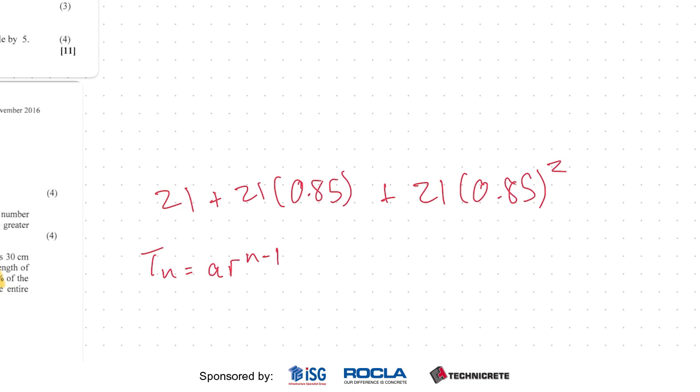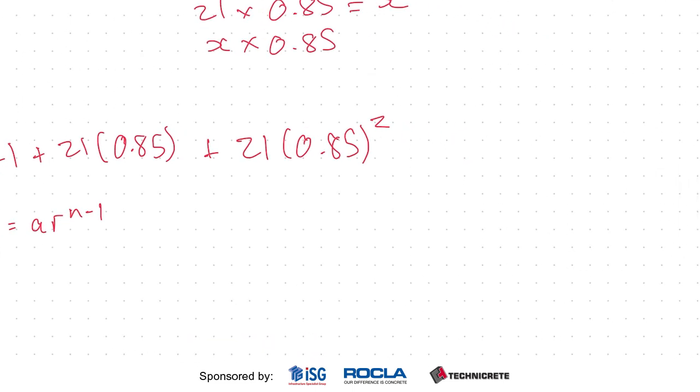What you're saying is, we figure out 21 times 0.85, and whatever the answer is, let's call it x, we do it again, x times 0.85. Because we're multiplying by 0.85 twice, to write it in the sequence we can just say 0.85 squared, and it makes sense. You can do it again, 0.85 cubed, and just keep going.